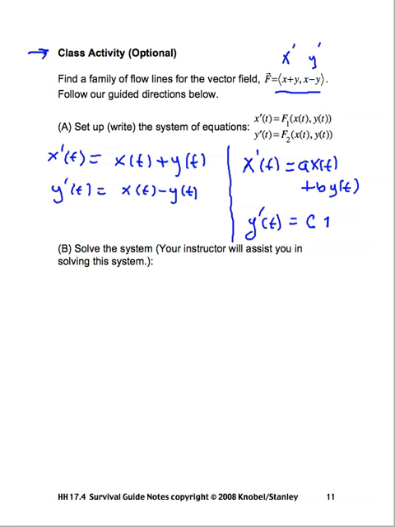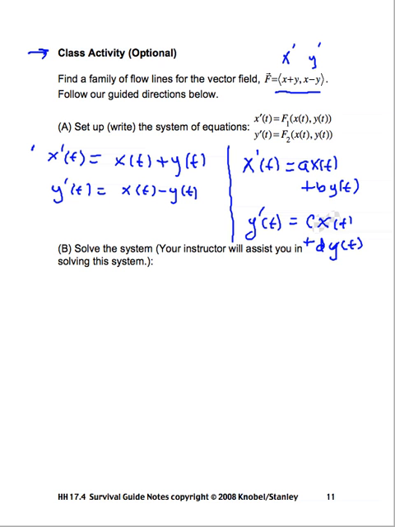Some constant times x of t plus some other constant, d, times y of t. So your expressions are linear in x and y. This system that we've written here has this general form.